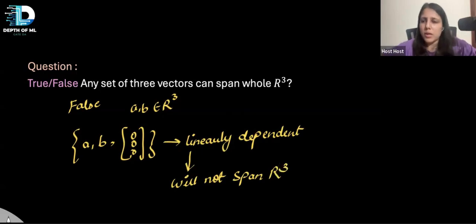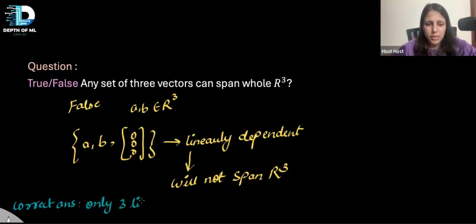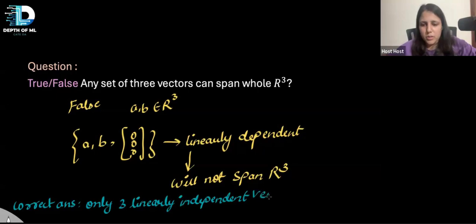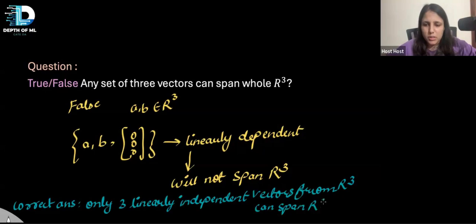What are you guys saying? That only linearly independent. Only three linearly independent. Right, yeah. So the correct answer would have been: only three linearly independent vectors from R3 can span R3, right?